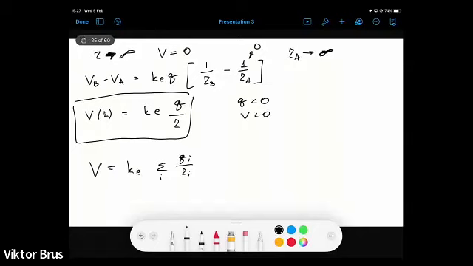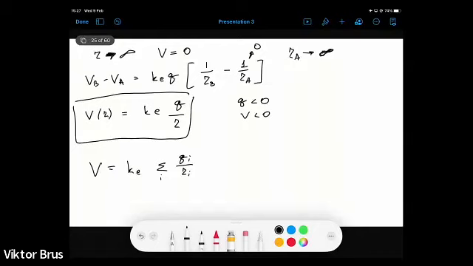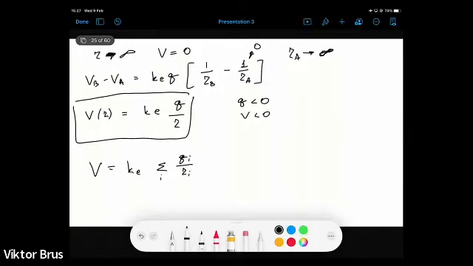Maybe, can I answer? Yeah, sure, you're welcome. I think this is because potential is not a vector. Yeah, exactly. It is a scalar, and that's why I highlighted this fact, that we take an algebraic sum of electrostatic potentials. If we deal with the electric field, as you mentioned correctly, it is a vector quantity.